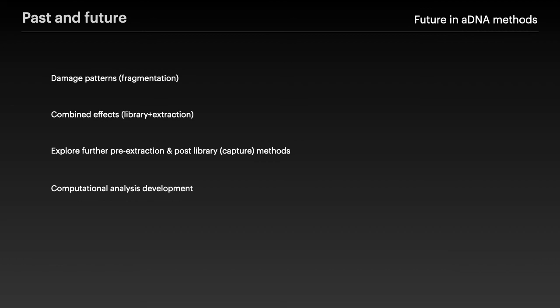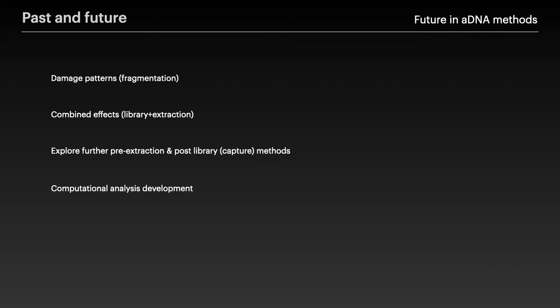Also, the combined effect of different library and extraction methods would be something interesting to check further. Maybe in the future we'll come up with certain fixed methods for certain samples deriving from certain environments. The exploration of pre-extraction methods would also be something to consider, along with post-library capture protocols that I haven't touched upon.